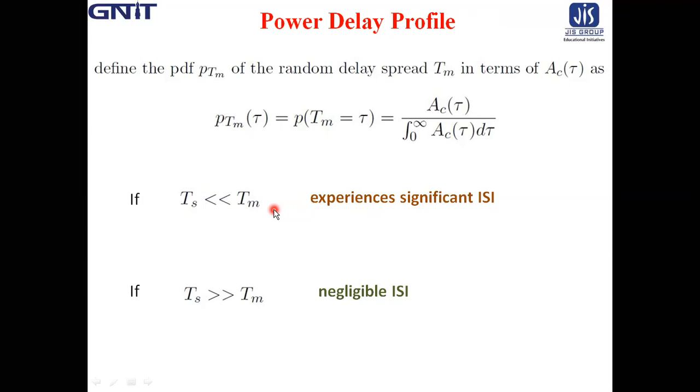That means the system experiences significant ISI. And in another condition, when Ts is much higher than Tm, then there is no ISI present, or even negligible ISI is present.